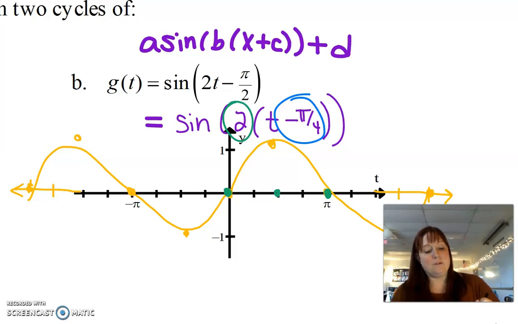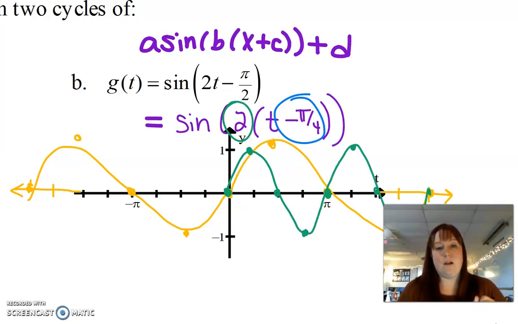So I'm going to go 0, and then I'm going to hit a max halfway in between those 2 zeros. I'm going to hit a min halfway in between those 2 zeros. I'm going to hit a max, 0, min, 0. Okay, so here is what that 2 does to my function. Okay, so it just squishes it in and takes all of my x values, divides them by 2.